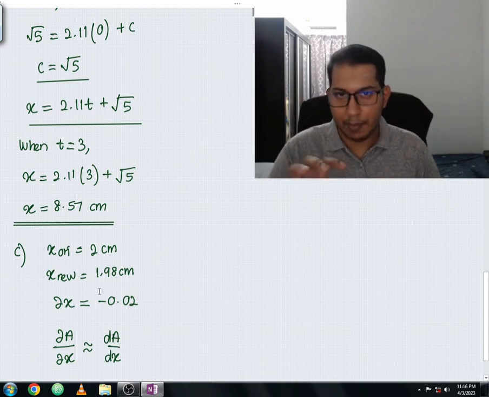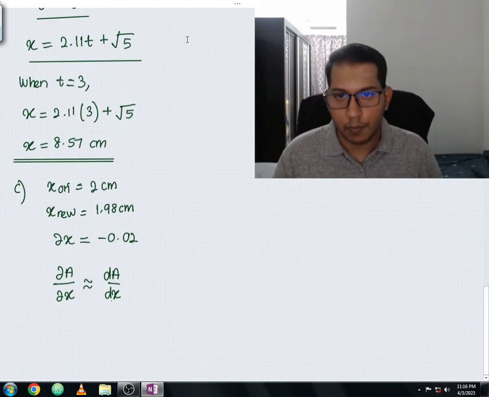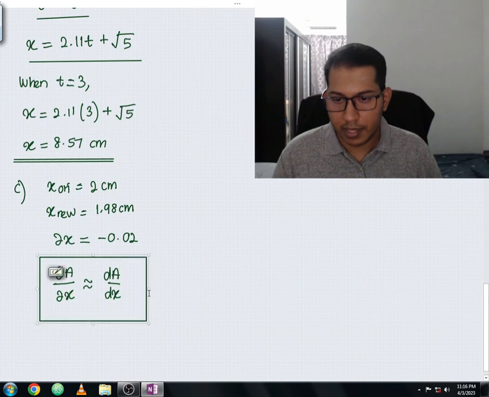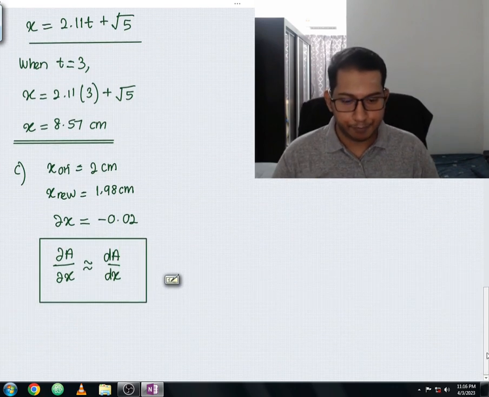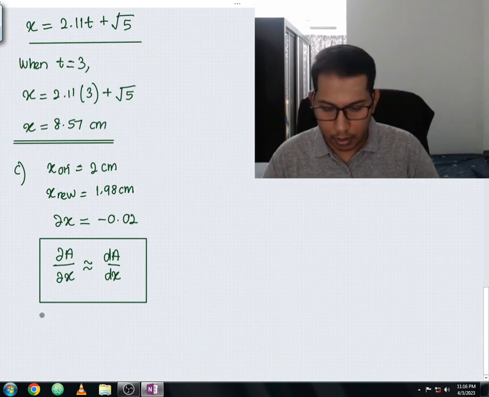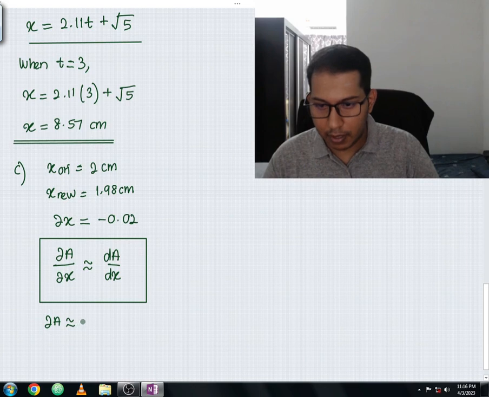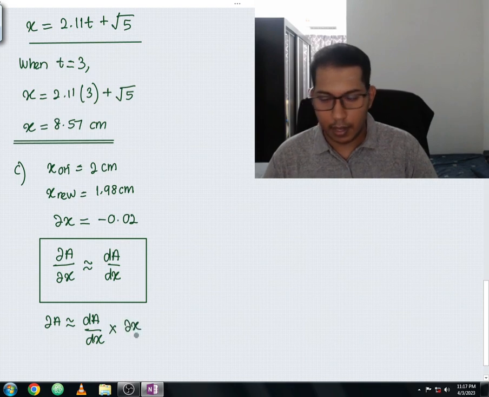Let me box this formula. This is the formula that you're going to apply to solve part C. So delta A is approximately equal to dA over dx times delta x.